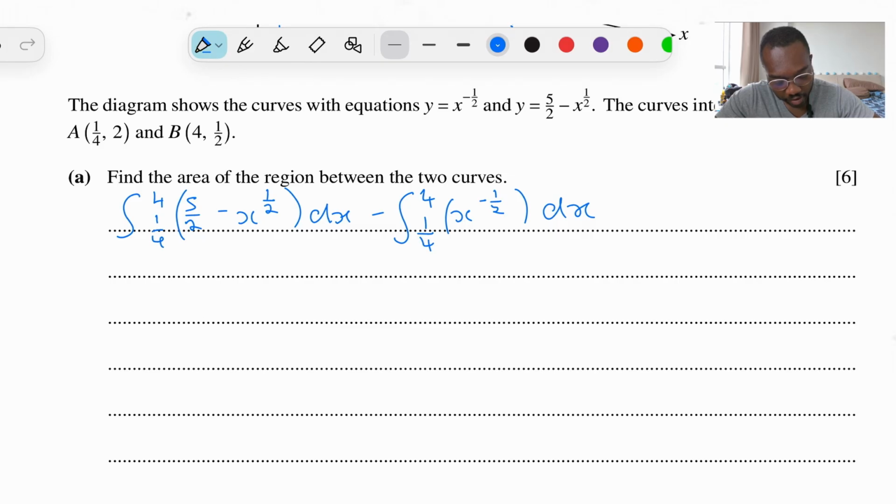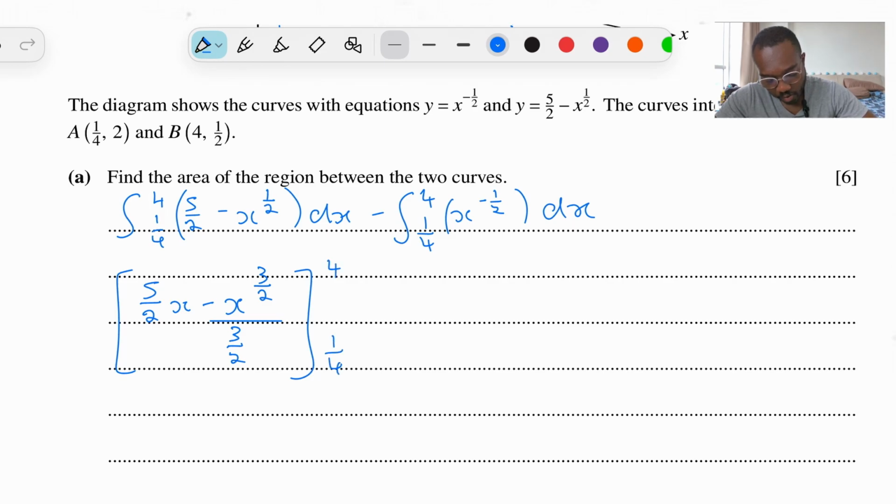So we get 5 over 2x, and then we get a minus x. Now we plus 1, so we get 3 over 2, and then we divide by that. So that's 3 over 2, and just make sure we still have the limits of 4 and 1 over 4.